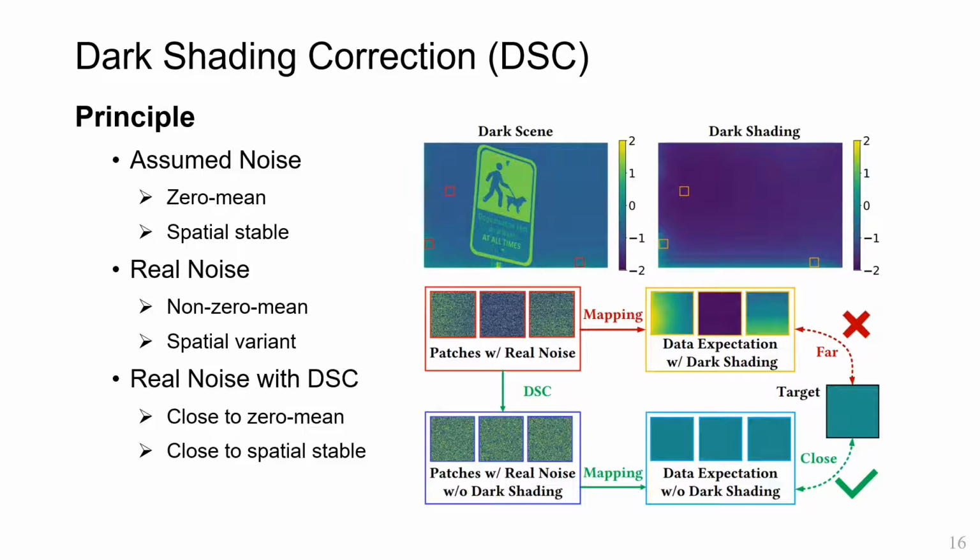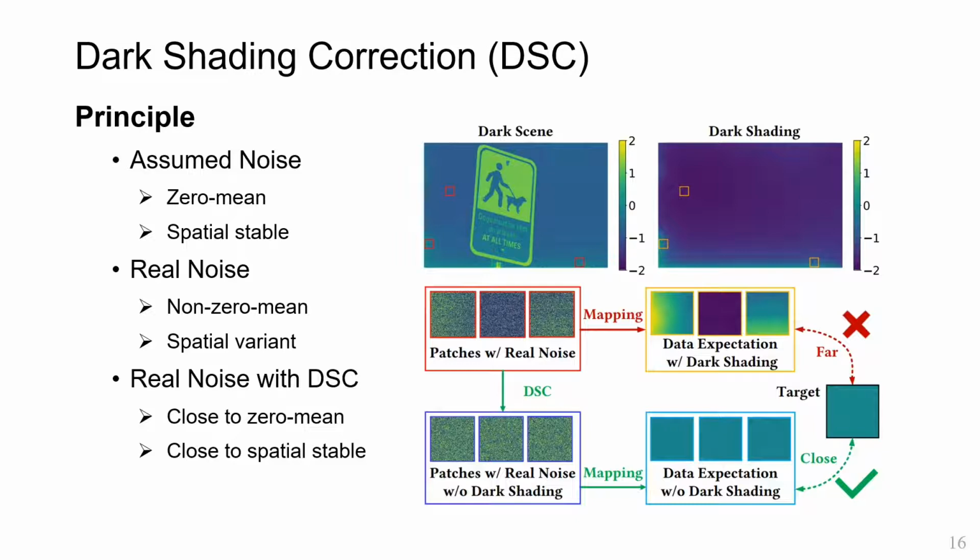Because the receptive field of the convolutional neural network is limited, we cannot treat dark shading at different positions differently without global position information. Nor can we use the same mapping to correct all the special patterns caused by dark shading.